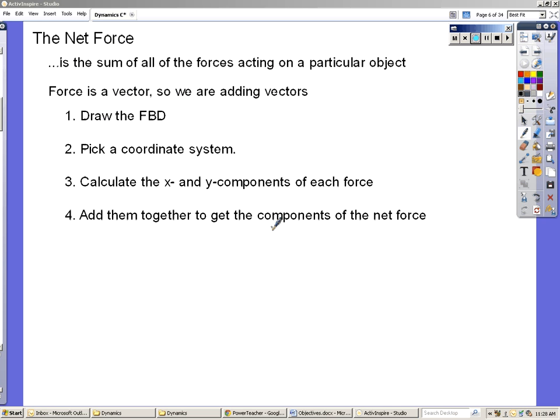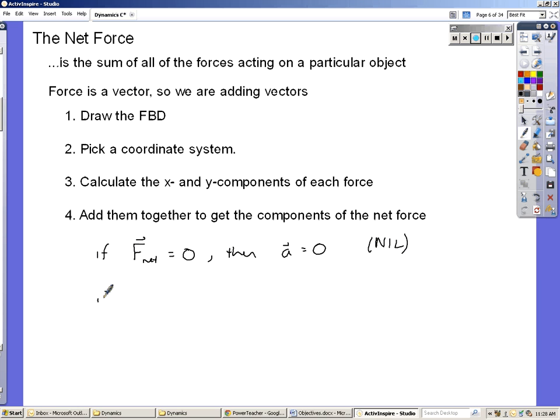And depending on the situation, you may need to find the magnitude of the net force as well. But in general, if the net force equals 0, then the acceleration is also equal to 0. That's Newton's first law.